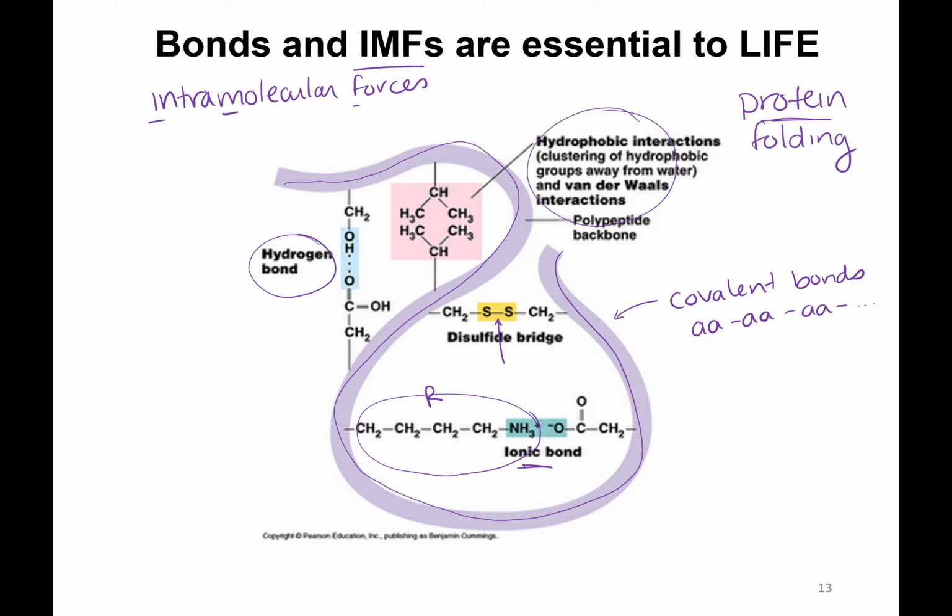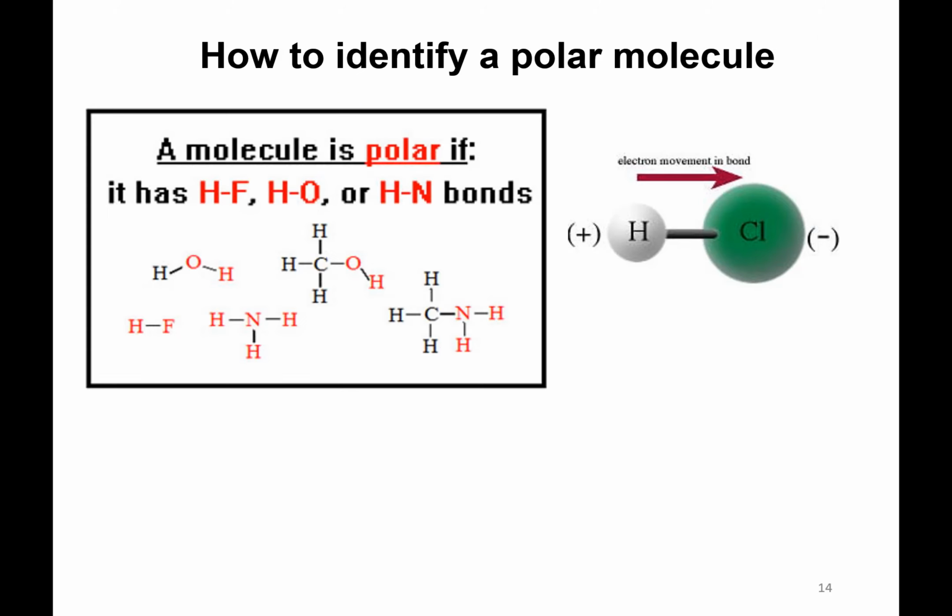So one of the things besides understanding the definitions and characteristics of different bonds, covalent, polar covalent, ionic, and hydrogen, is I also want you to be able to identify a polar molecule. So that means something that is going to dissolve in water.